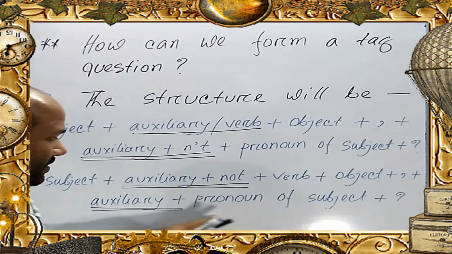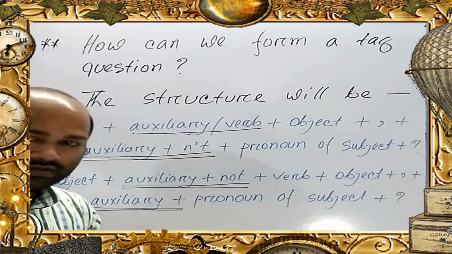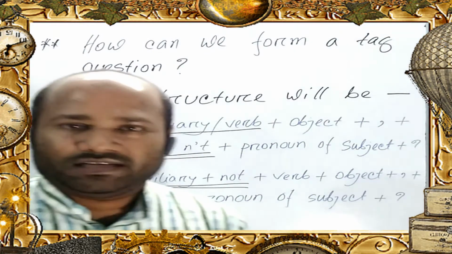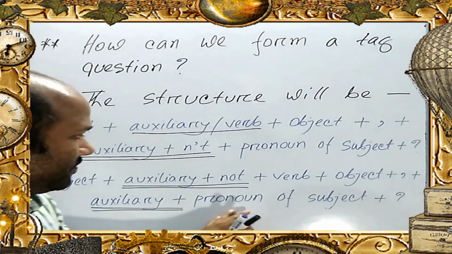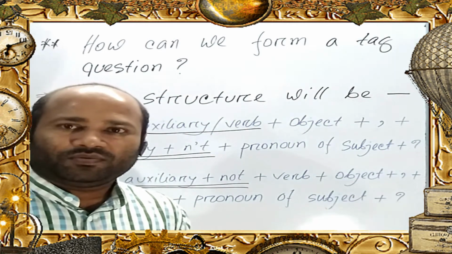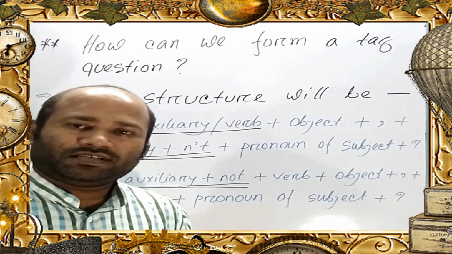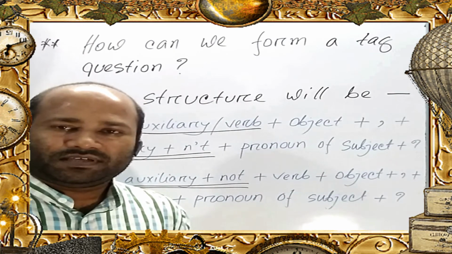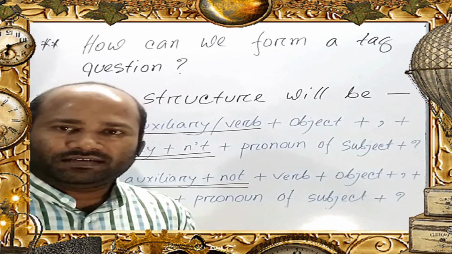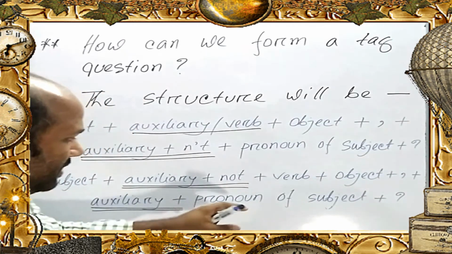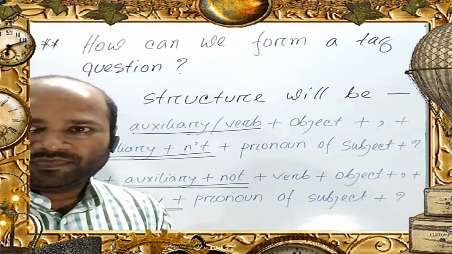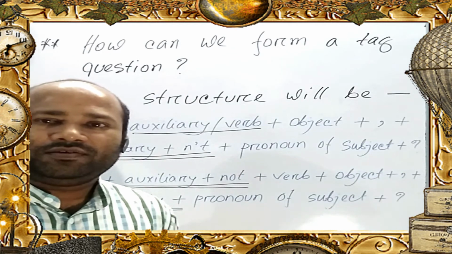And you must remember, you cannot use the subject directly. You have to use just the pronoun of the subject. What is the subject and what is the pronoun of the subject, you have to clearly understand and try to answer it properly, or else it will be wrong.